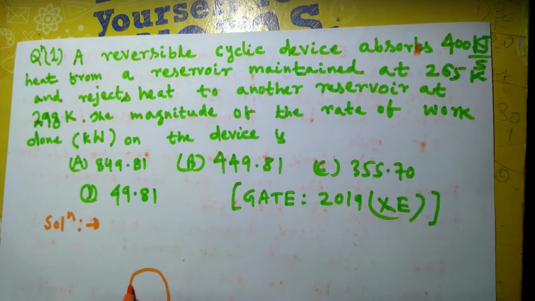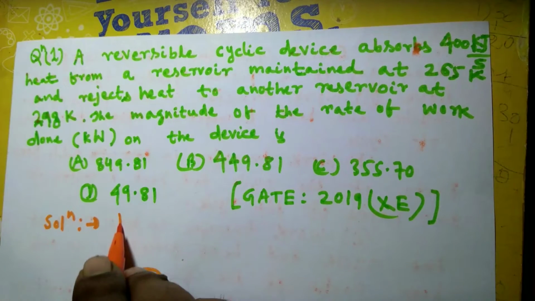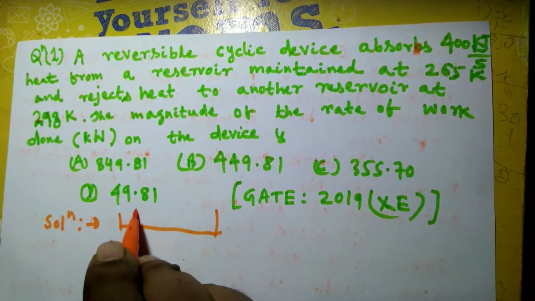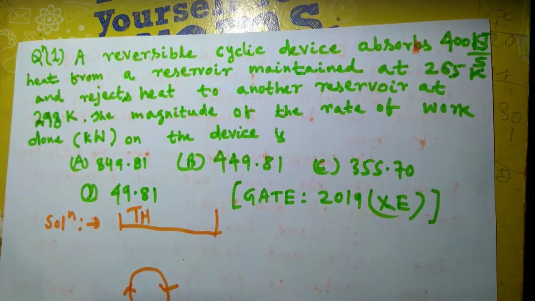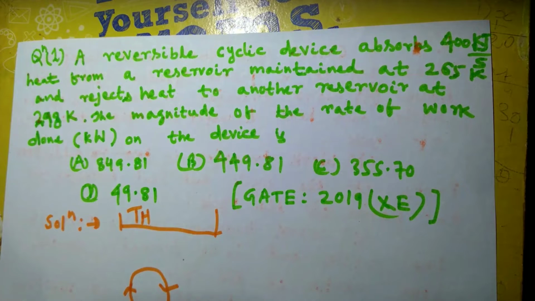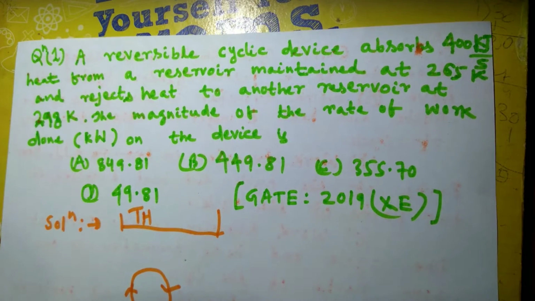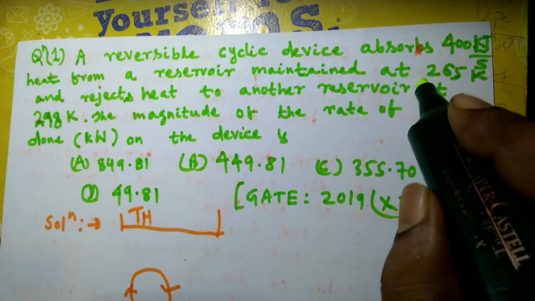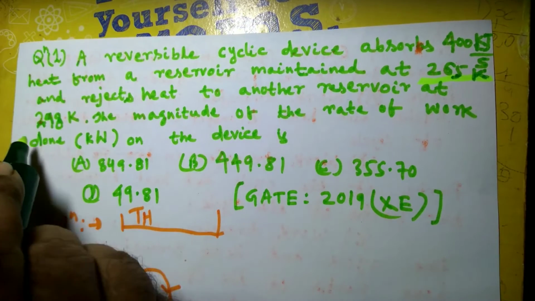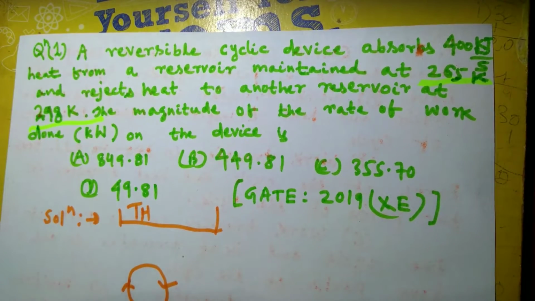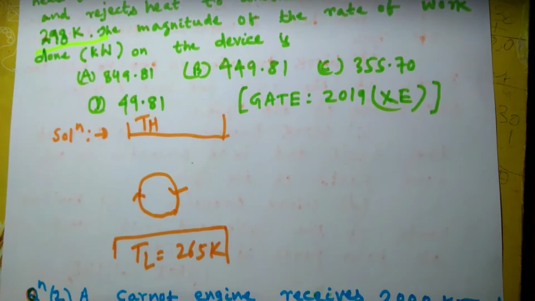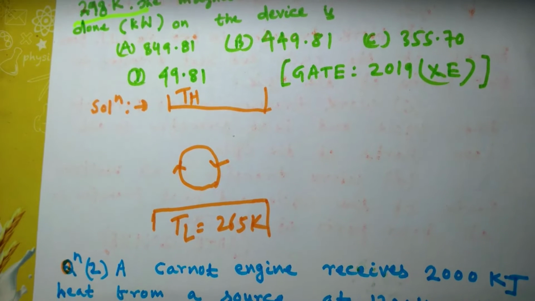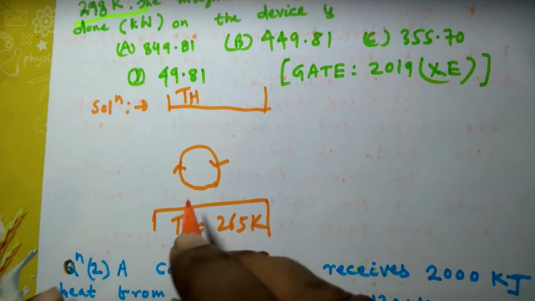Suppose the device is a work consuming device and this is your TH, this is TL. TL is 265 Kelvin. This is given in the question. Low temperature reservoir is 265 Kelvin and high temperature reservoir is 298 Kelvin. So this is a work consuming device.